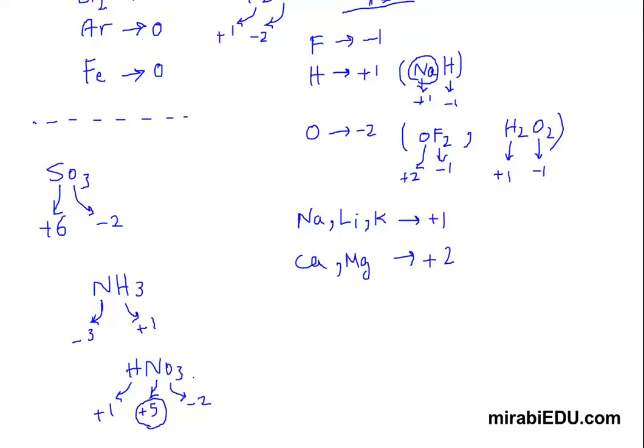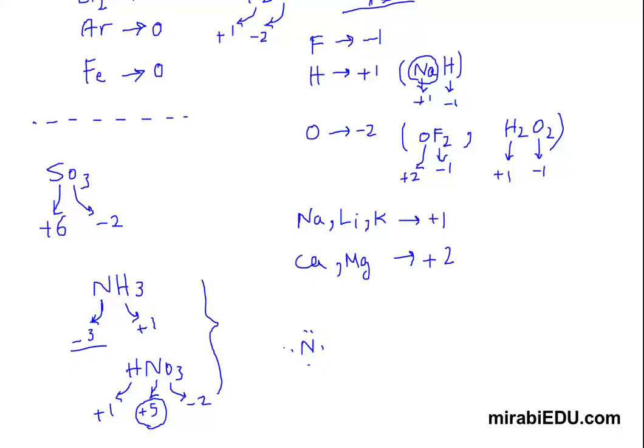So as you see in here, the nitrogen oxidation number varies from +5 to -3, and this is in agreement with the place of nitrogen in the periodic table. Nitrogen is in the fifth group of the periodic table, or 15th group, or fifth main group.